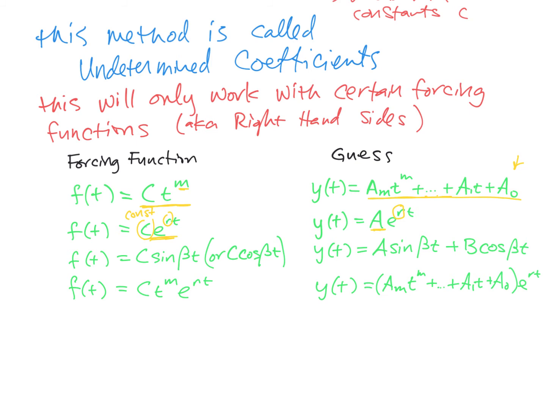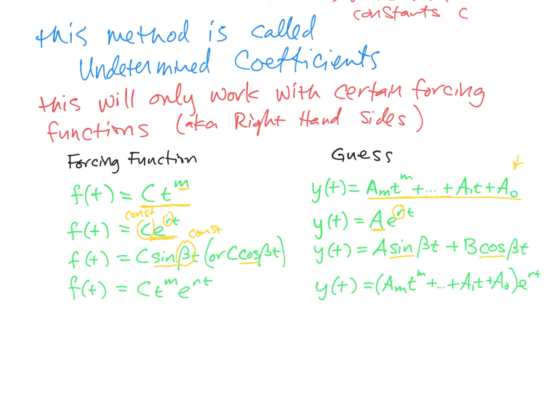So sines or cosines, this guess works with both sine or with cosine of beta t. Again, beta is a constant. When you take derivatives of sine or cosine, they flip back and forth between sine and cosine, and so you might be adding together sines or cosines. So your guess has to have both a sine term and a cosine term.